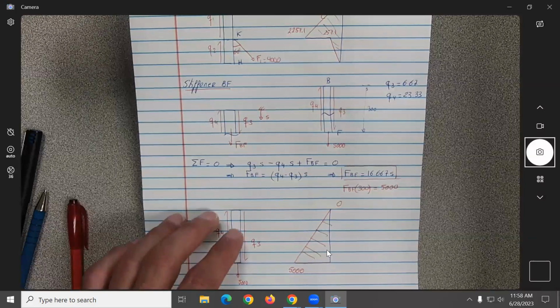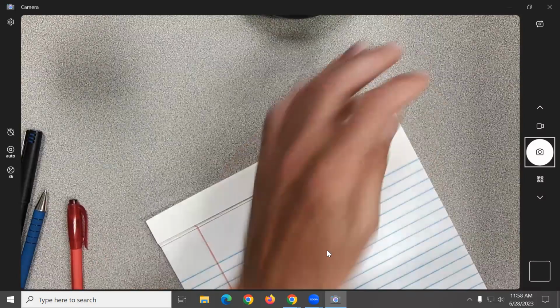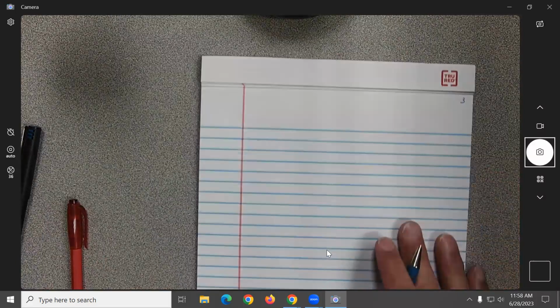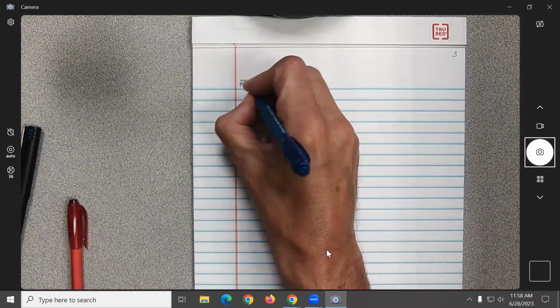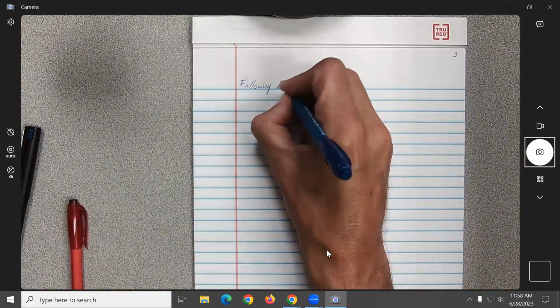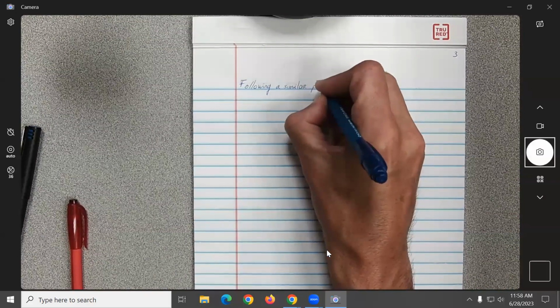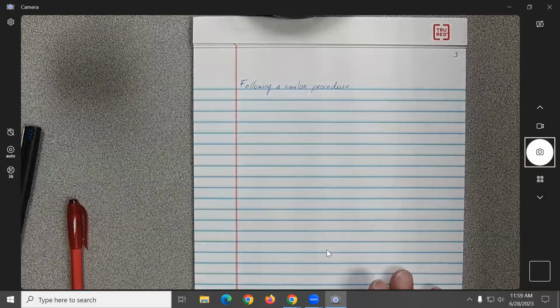Okay, I think the procedure is clear. So I'm going to speed up a little bit. So 1, 2, 3. All right, so let me move it all up. So following a similar procedure.